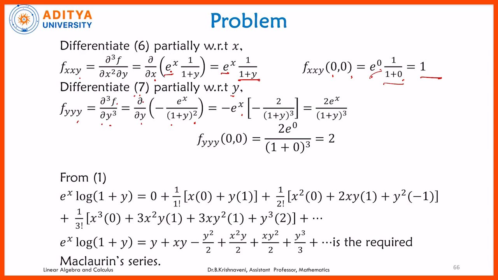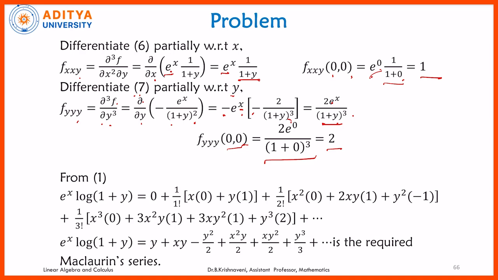The derivative with respect to y is minus 2 into (1+y) to the power minus 3, which can be written as minus 2/(1+y)³. So minus into minus is plus, therefore this is equal to 2e^x/(1+y)³. Now the value at (0,0), taking x=0, y=0, is 2e^0/(1+0)³, which is 2.